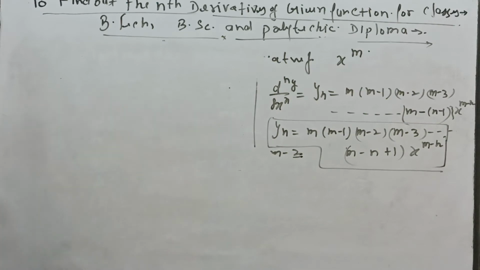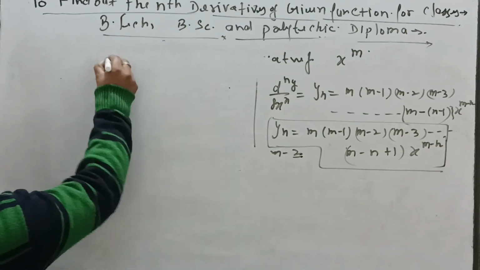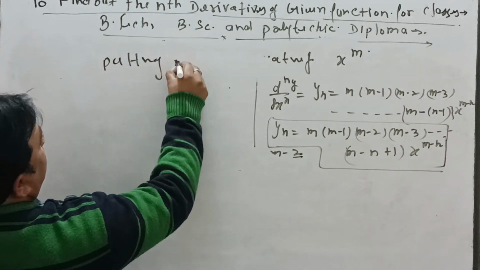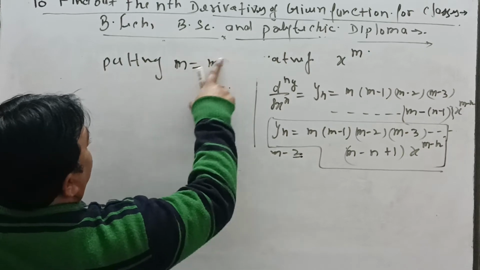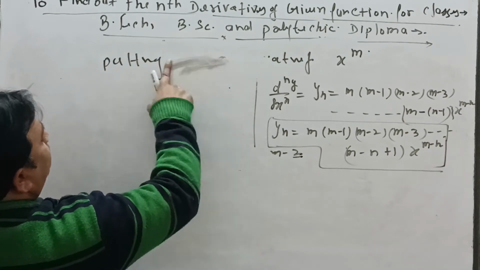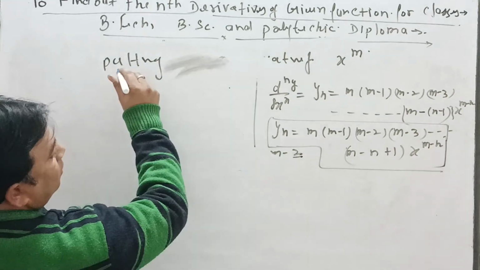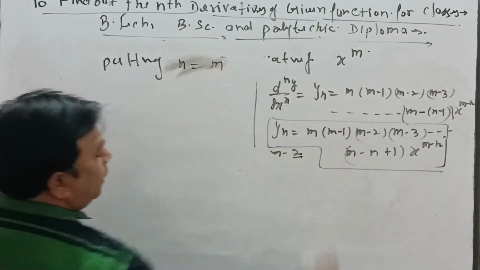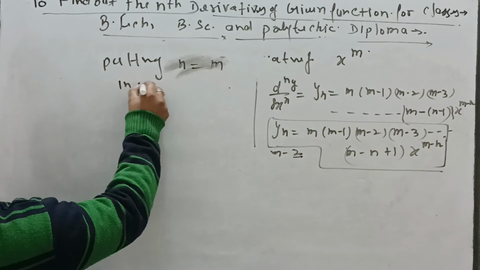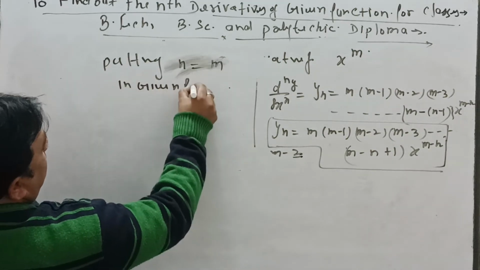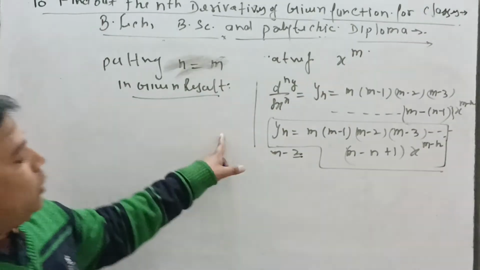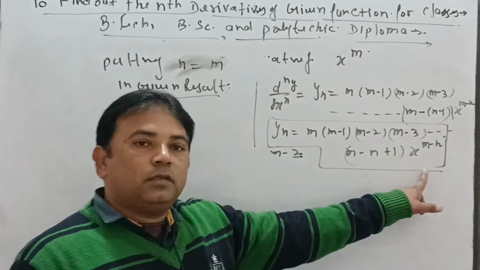We now make the special case of this nth derivative formula by putting n equal to m in the given result.